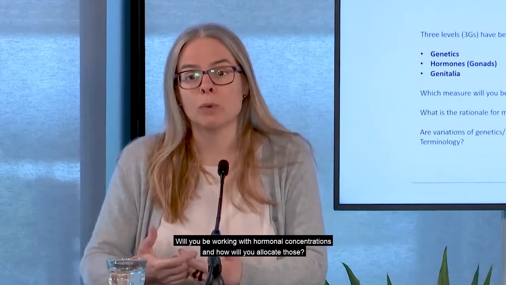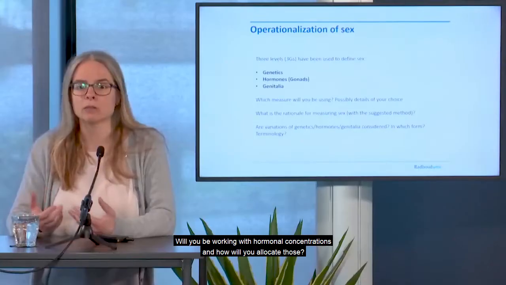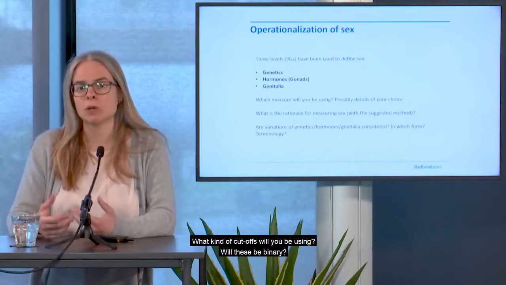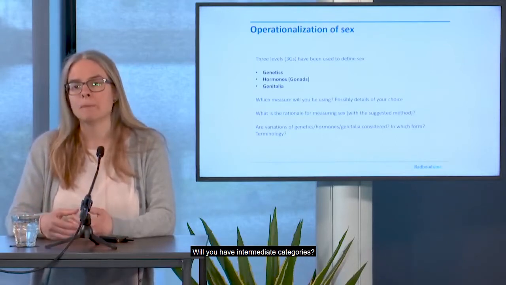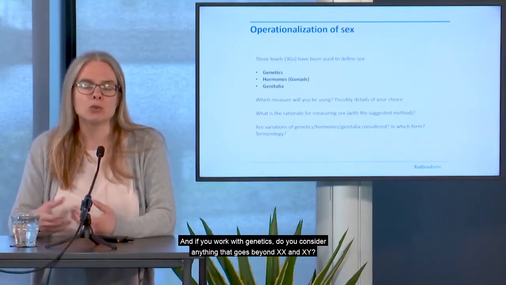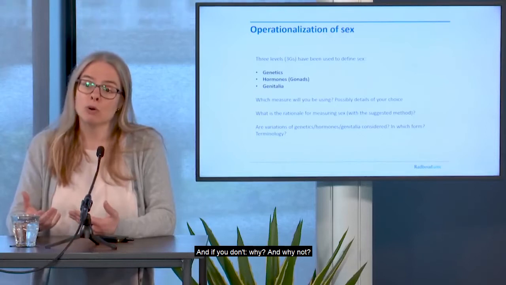Will you be working with hormonal concentrations, and how will you allocate those? Which kind of cutoffs will you be using? Will these be binary? Will you have intermediate categories? And if you work with genetics, do you consider anything that goes beyond XX and XY? And if you don't, why?